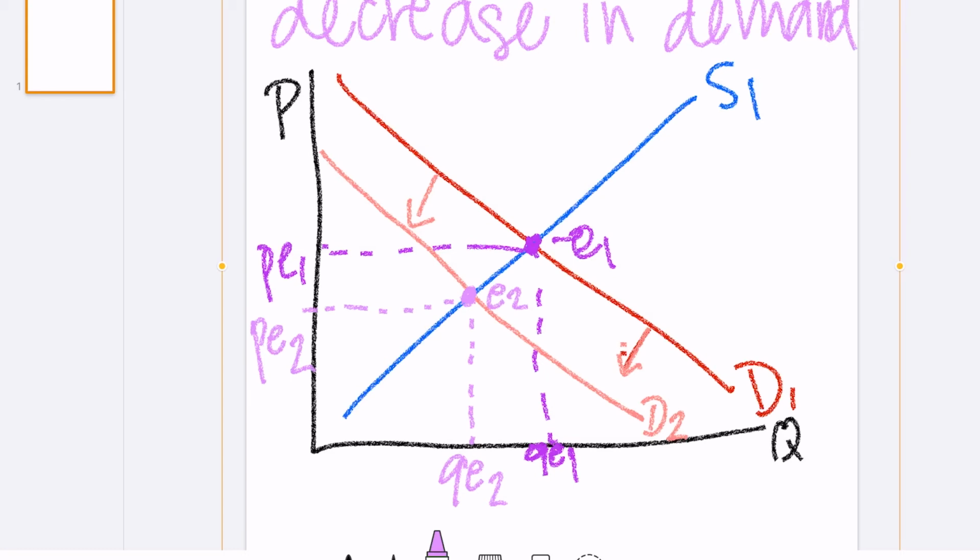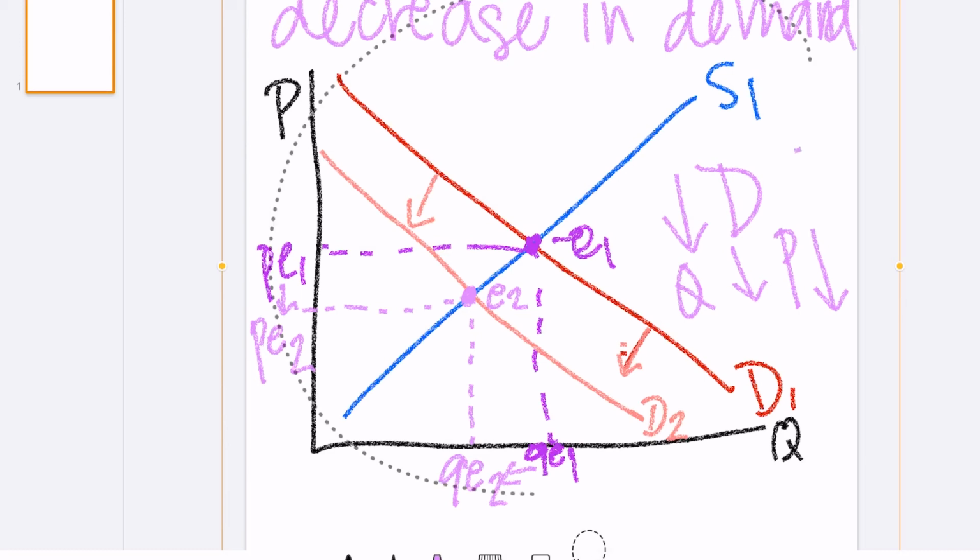A decrease in demand means that quantity decreases and price decreases. You can see that by seeing the difference in the shift. So here is your decrease in demand.